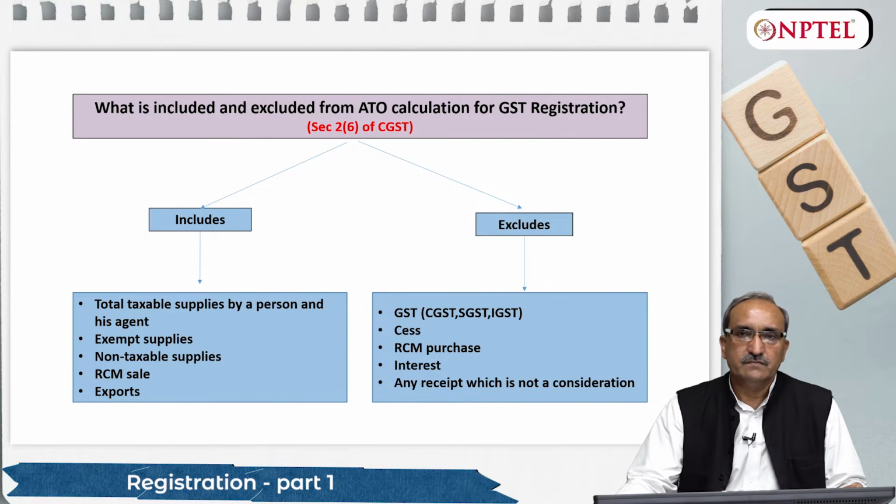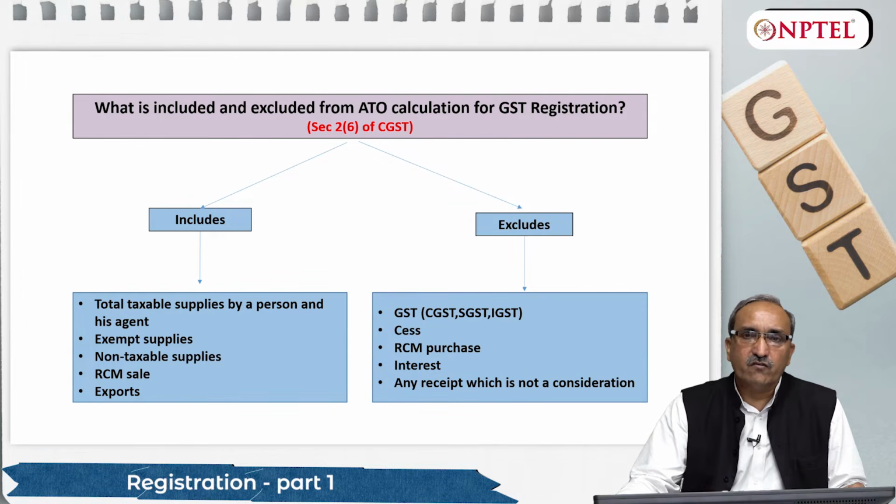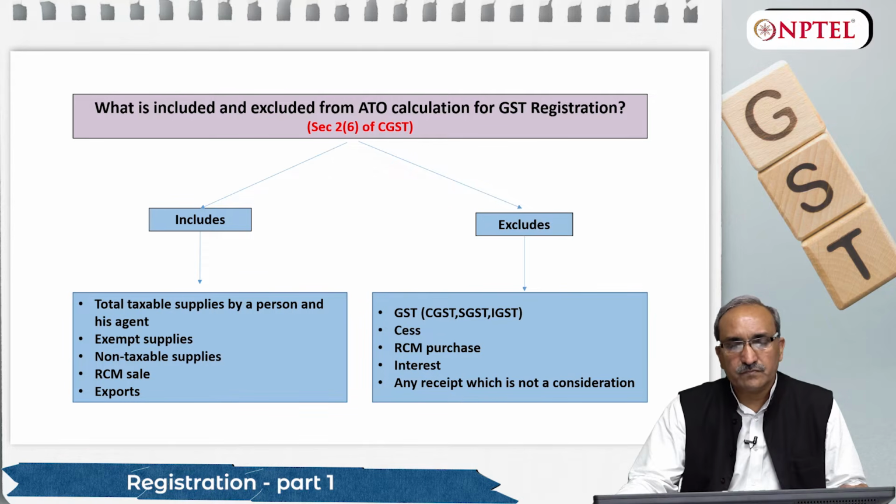So for registration purposes, aggregate turnover includes supply of taxable goods by a person or his agent, exempt supplies meaning supply of exempted goods, non-taxable supplies which are outside the purview of GST, RCM sales meaning where tax is paid by the recipient, and exports.